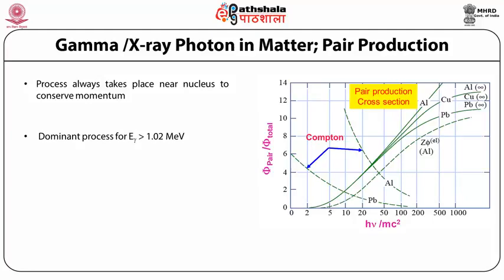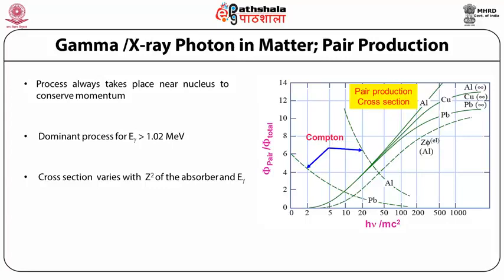So in total, the energy of the incoming photon has to be greater than 1.02 MeV to create the pair of particles. Also, in case of pair production, the cross section varies with Z square of the absorber and E gamma.